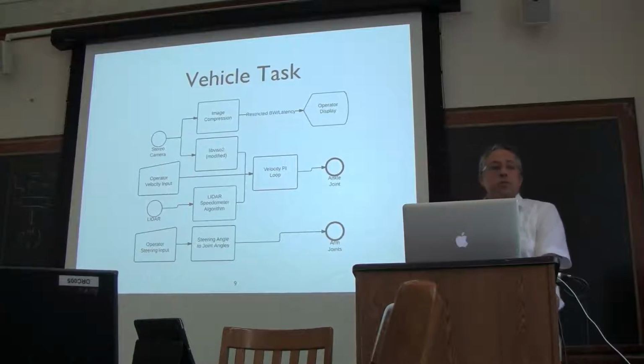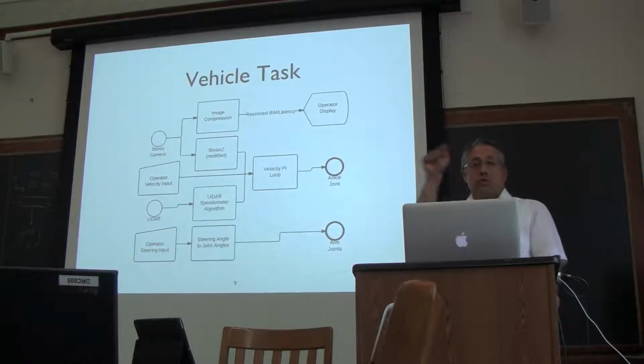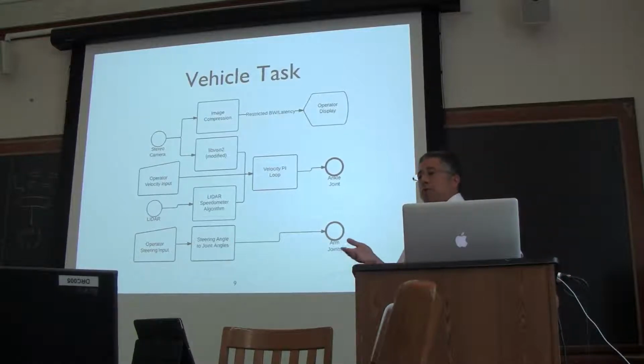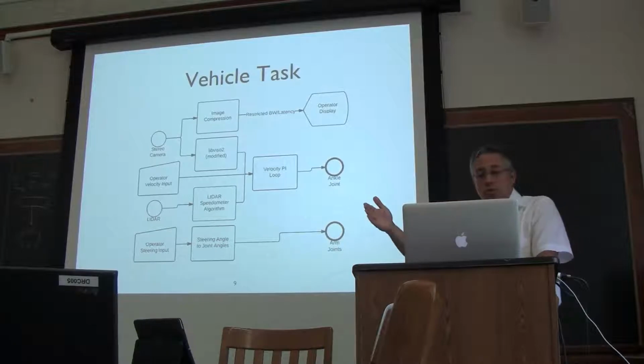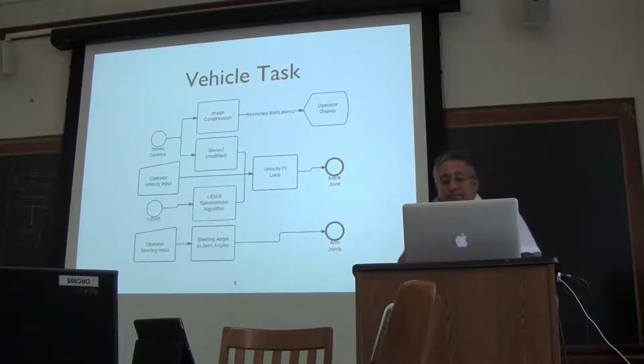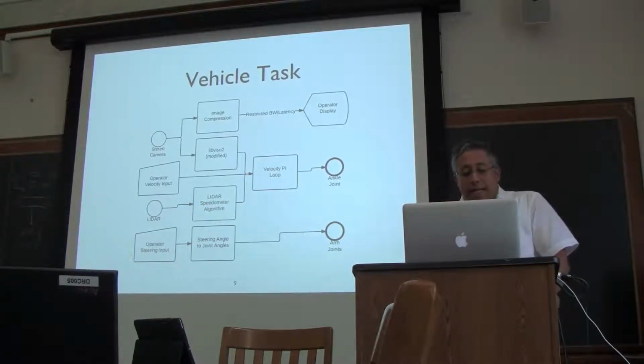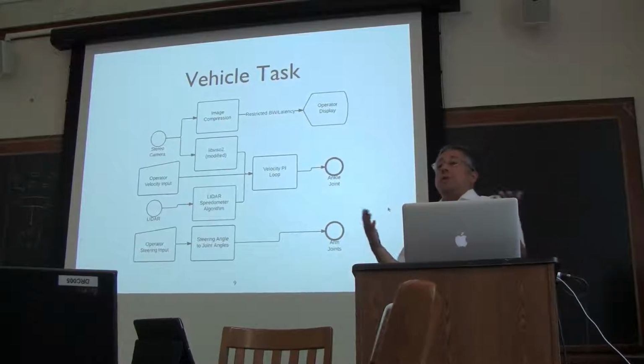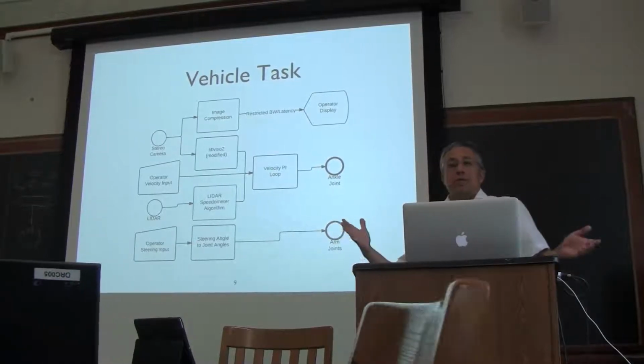The user input was to steer the steering wheel, but the speed of the vehicle was adjusted autonomously as we drove through the course. This was what we were able to accomplish within the time constraints.